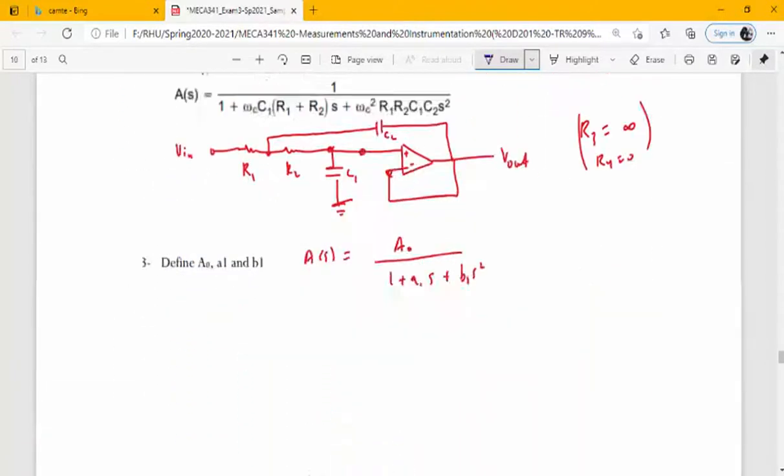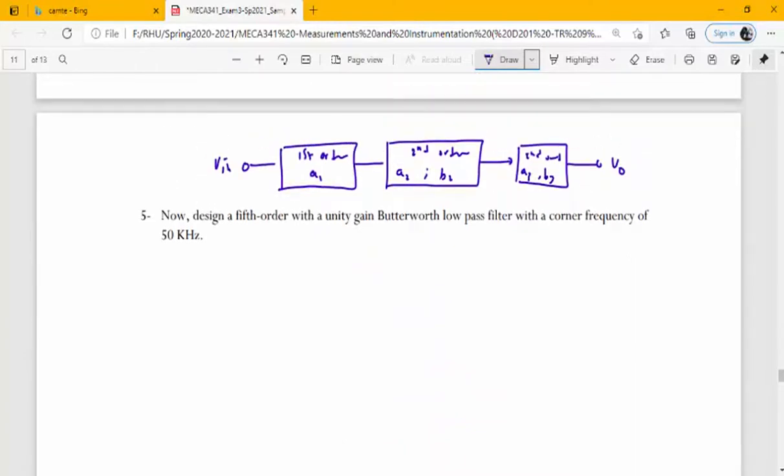Okay, so we have the values from the table. Now we can use them. Let me write down the parameters. The first filter is the first order filter, this is the second filter, this is the third one.